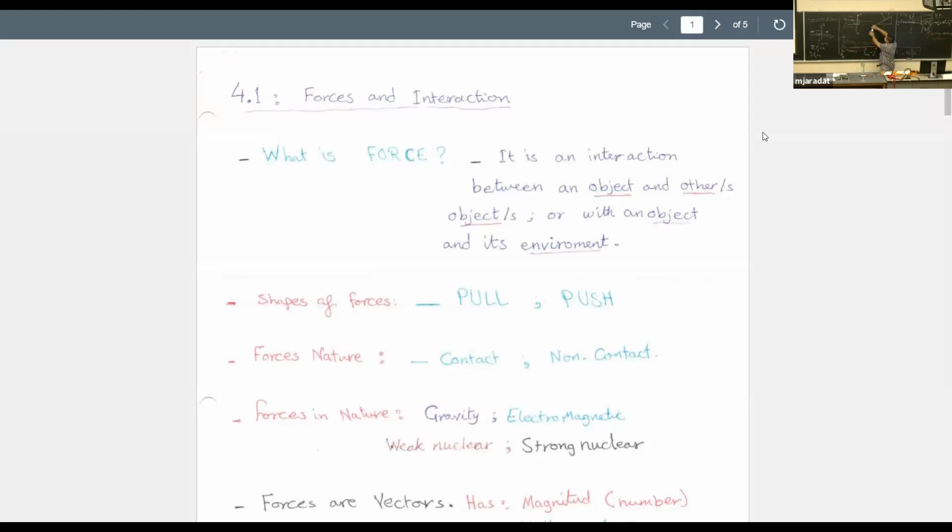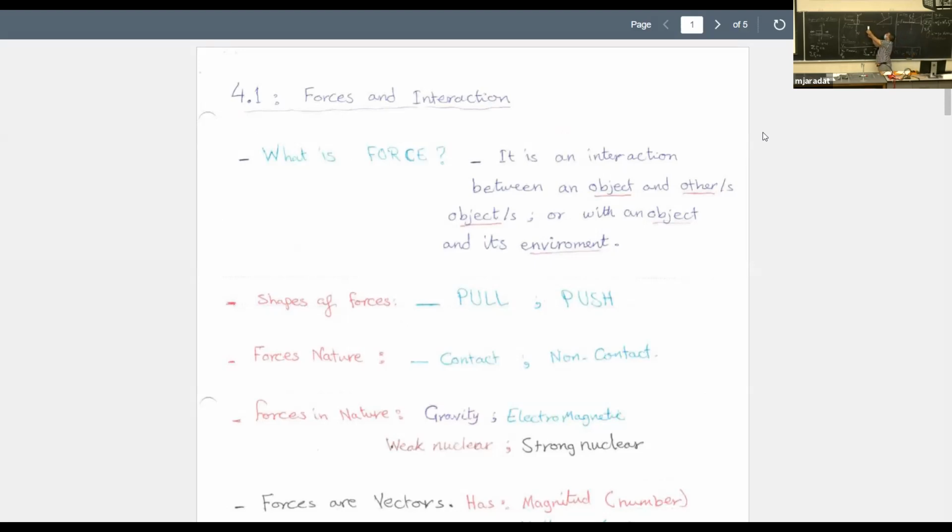Now we have two surfaces, the board and the eraser. Okay, we just do like this. There is a normal force between them, but this normal force is small. What if I put my finger like this? The normal force now is different than the first one because we have another force. The normal force changes to make the object just touch the surface and not dive inside it, and not make the object fly.